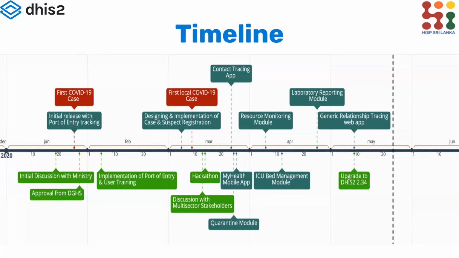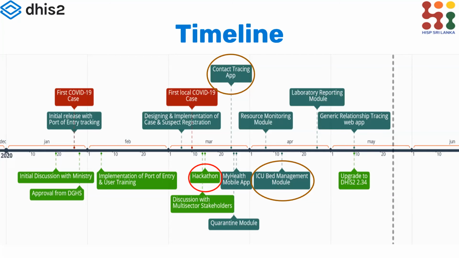We started off in late January, and by late April we had an ecosystem of a COVID-19 surveillance system with more than 7 components. What I would like to highlight is one main event, the hackathon in mid-March, and its 2 main products: the contact tracing application and the ICU bed management module.